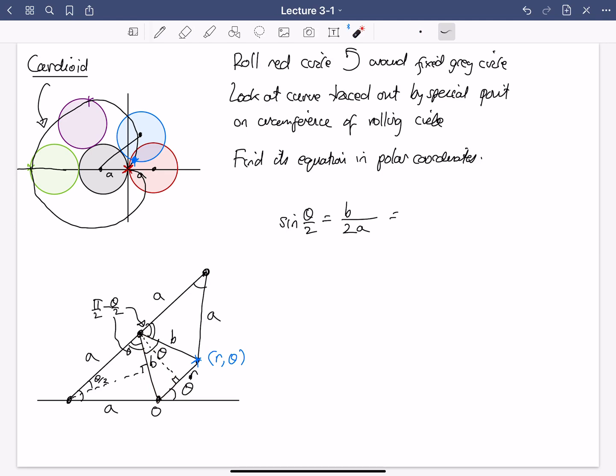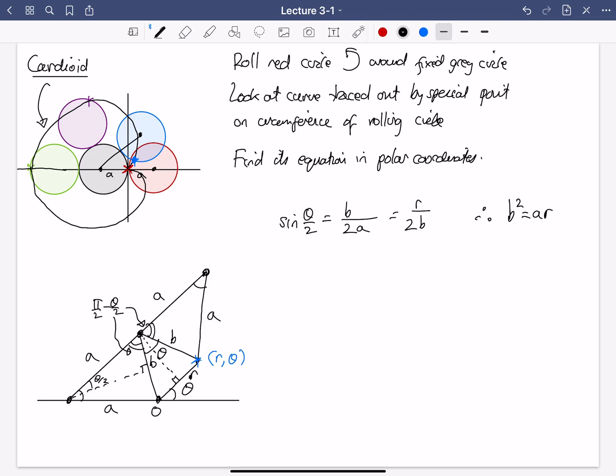The angle is theta over 2. That opposite side is r over 2, and the hypotenuse is b. So my sine theta over 2 is also equal to opposite over hypotenuse. And from that, if I cross multiply that second equality, I get that b squared equals ar.